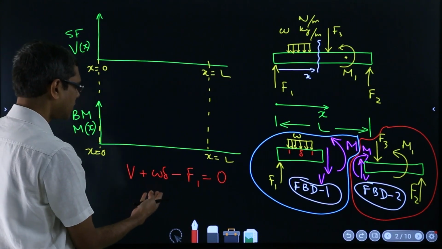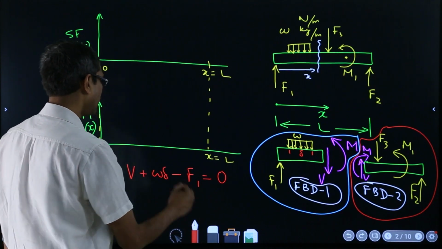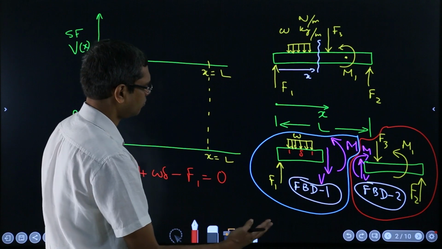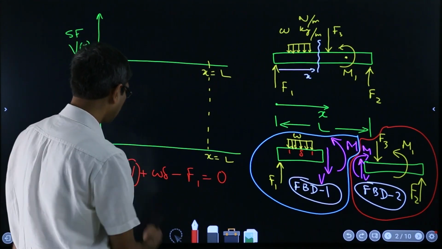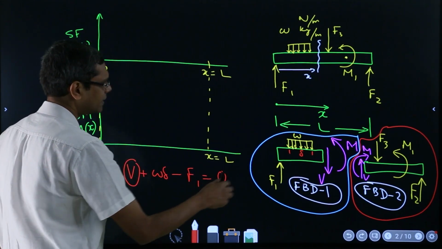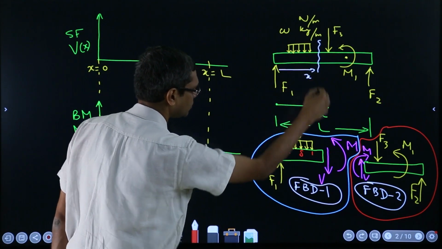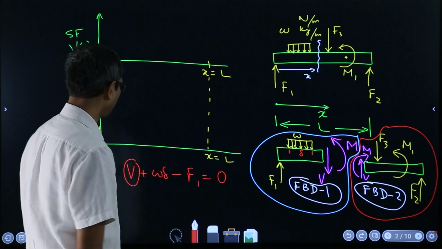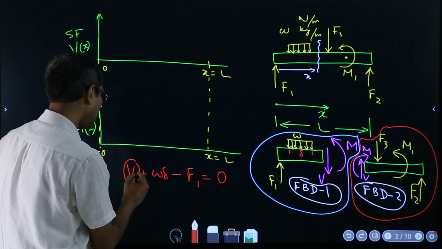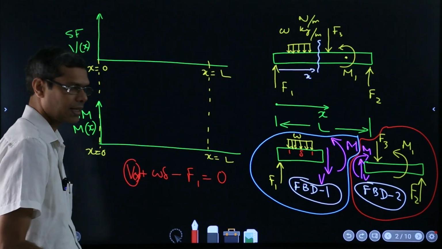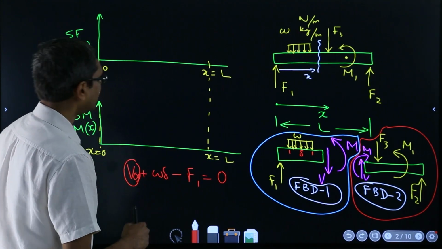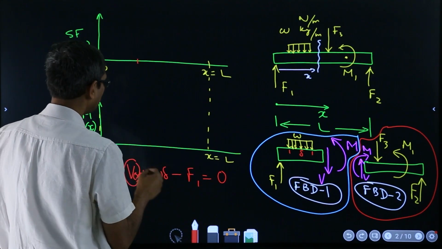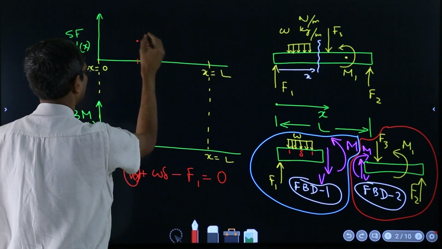So this is the equilibrium equation for the V, and from here you will just evaluate this, which will definitely come, whatever it comes. So at that location x, this whole thing is valid for this particular x where you have cut the section. So that means this V is a function of x, you can say that.